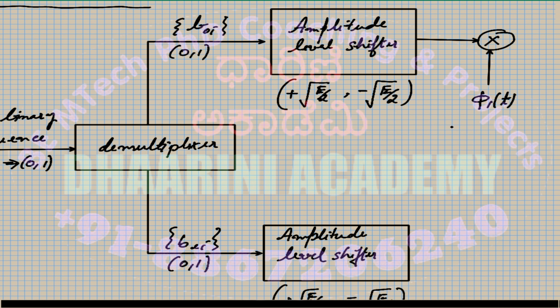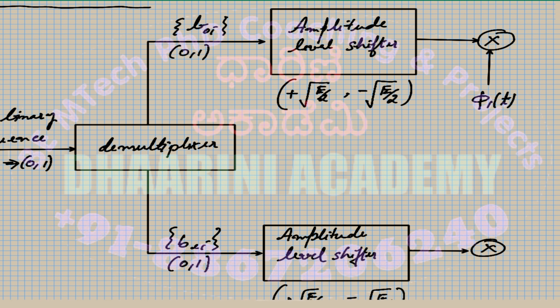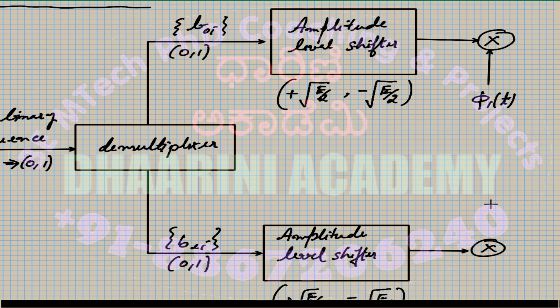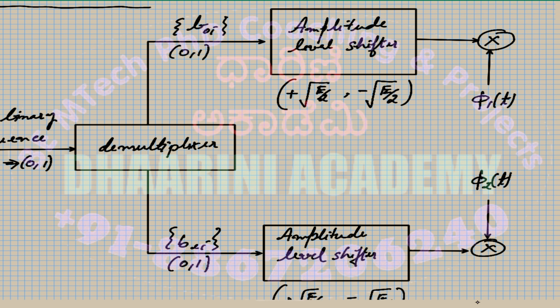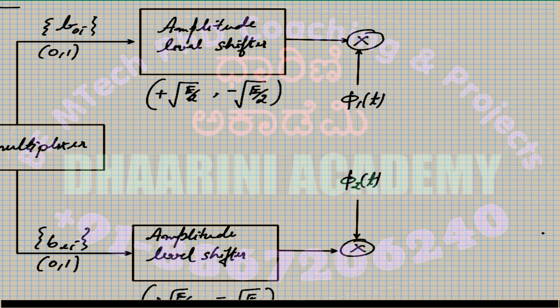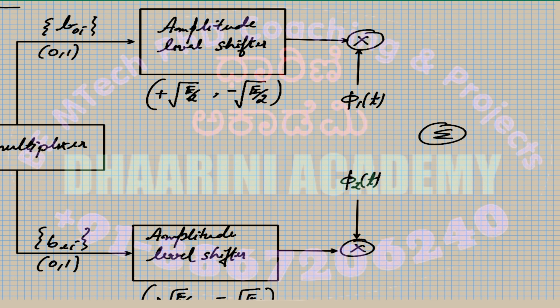That's what we multiply for the first channel, and for the second channel we have to multiply once again, but this time it's phi2 of t. Then we have a summation coming up.